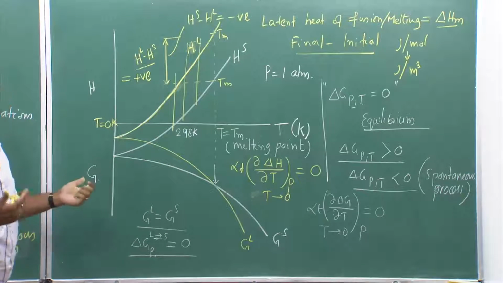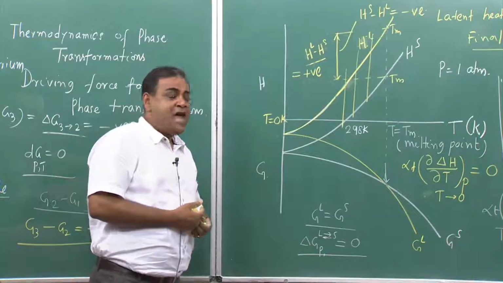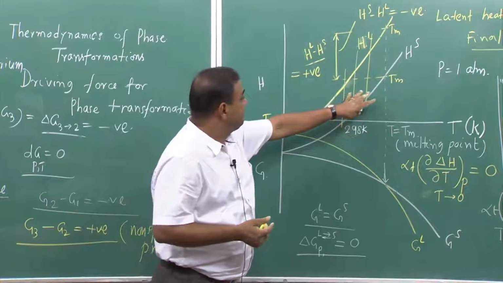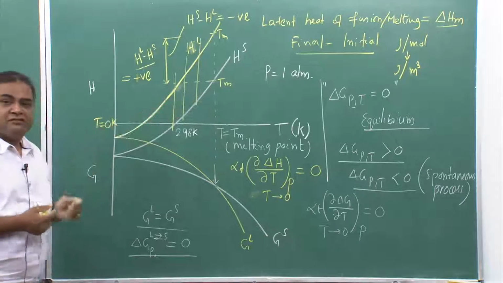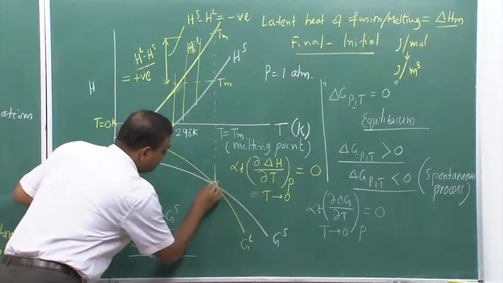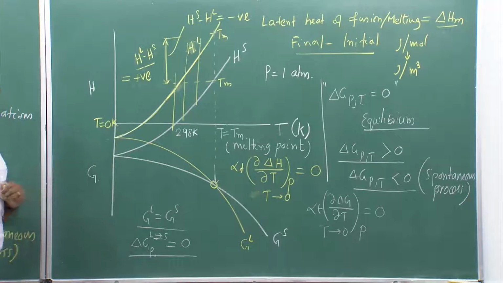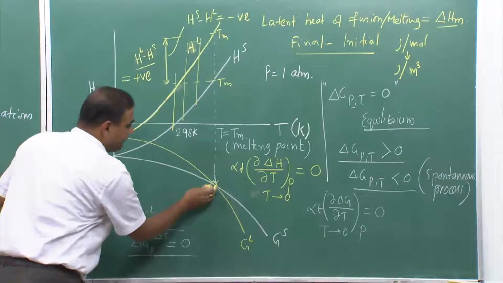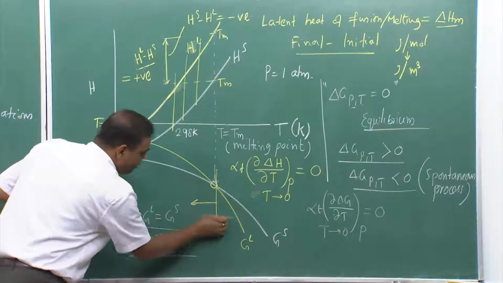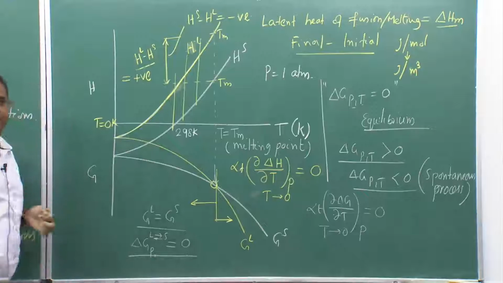Okay. How would we do it? Before going to those calculations, let us see what happens if we change this particular point. If we take this temperature, if I go this way or if I go this way, what happens?